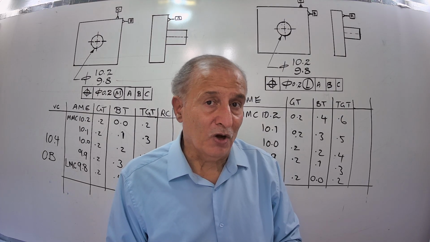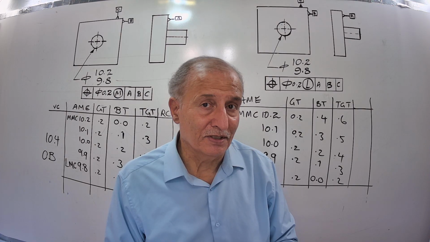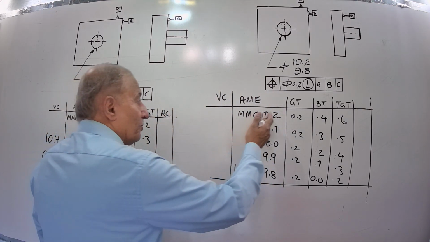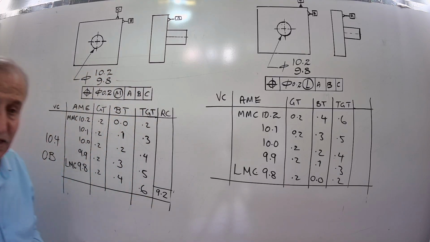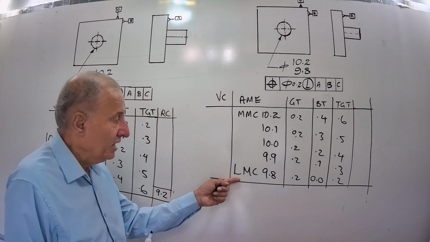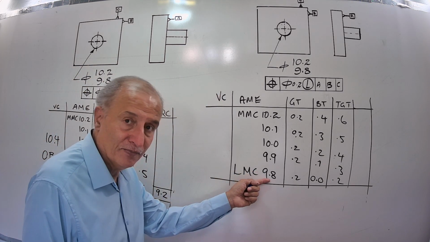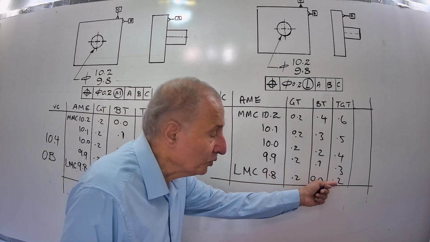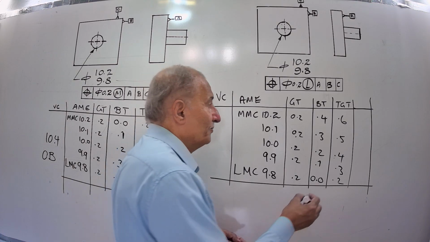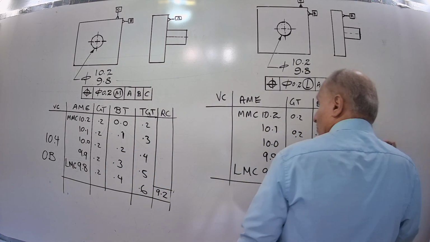And how much is the material inside the boundaries? We are not worried about the larger sizes. We just worry about LMC size, 9.8. If we produce 9.8, and we have 0.2 space for our errors, it will be a 0.2 zone.